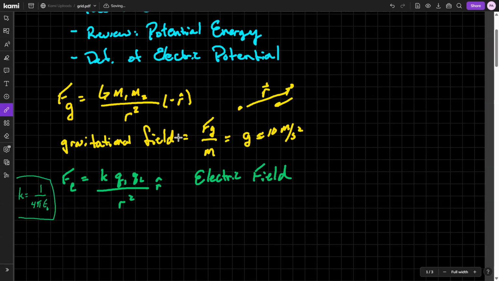If the gravitational field is the force of gravity divided by the mass of the object, then we do the same thing for electric field. We take the electrical force and divide it by the strength of the source, which is the charge on the object in the field. This gives us units of newtons per coulomb.